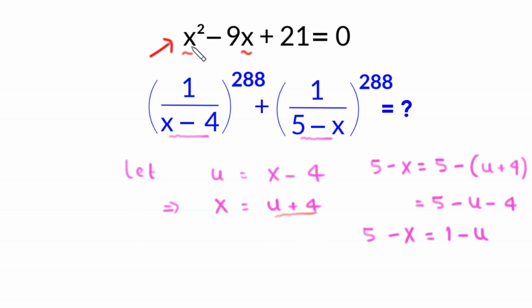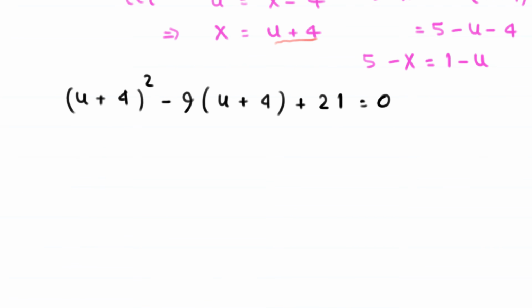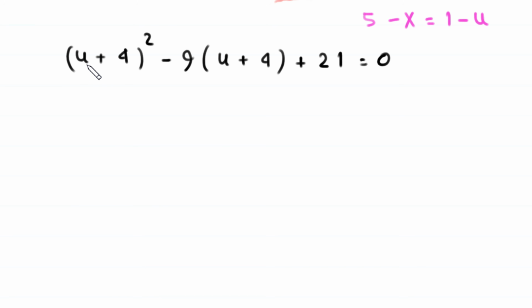Now in this original equation we replace x with u plus 4. So this equation will become (u plus 4) whole squared minus 9 times (u plus 4) plus 21 equal to 0. Expand this (u plus 4) whole squared. This will become u squared plus 8u plus 16.